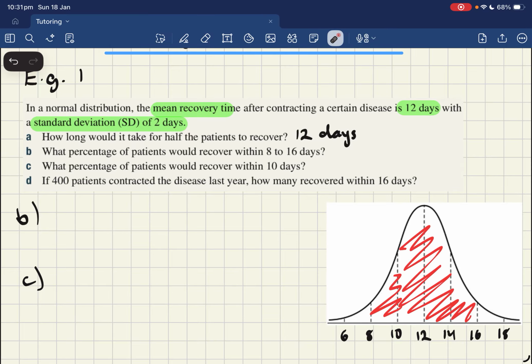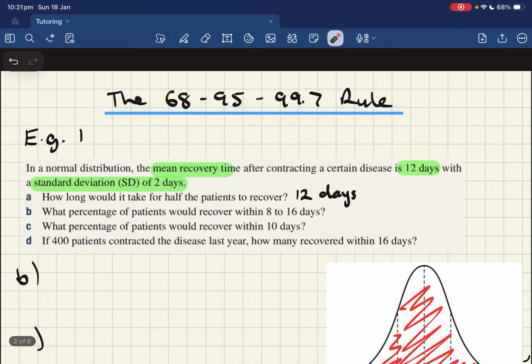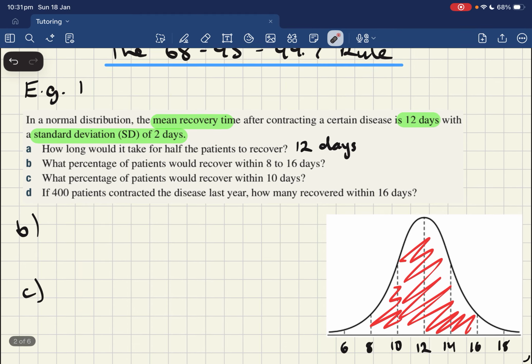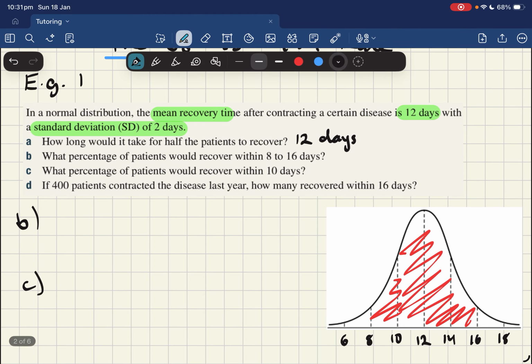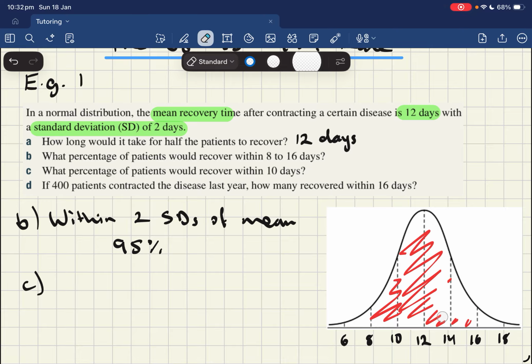Based on our rule, we know that within 2 standard deviations of the mean, 95% of the data is there. So I'll write that in. It's 95%.